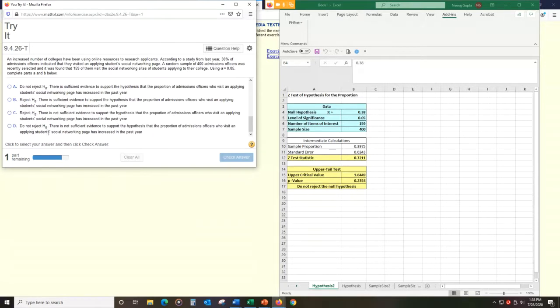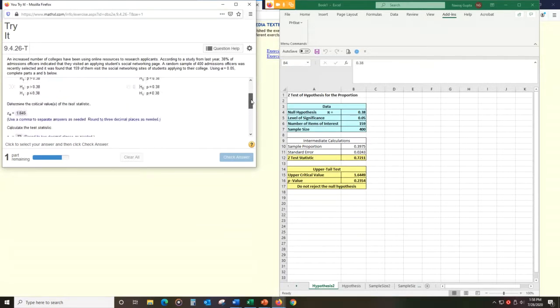But then what conclusion am I saying? There is sufficient evidence to support that the proportion has increased, or there is not sufficient evidence to support that the proportion has increased. So this is not true. Do you have enough evidence that it has increased?